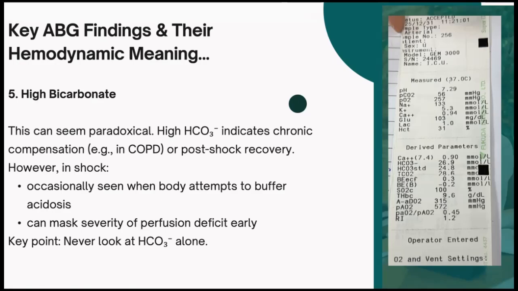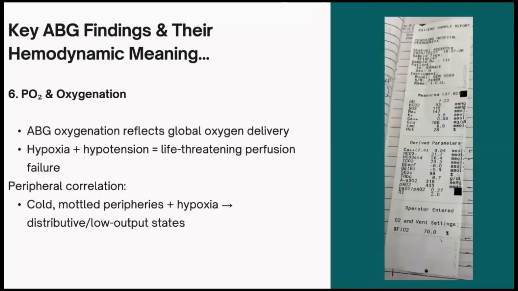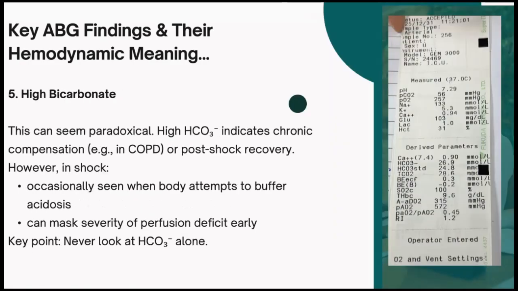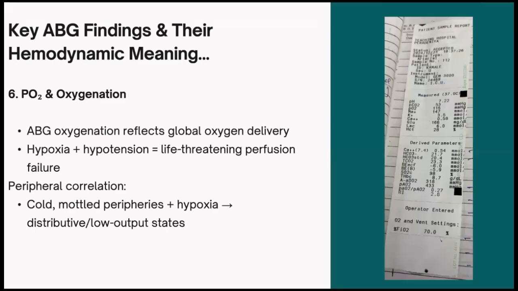That will help you to decide where your patient is. The idea is never go by the bicarbonate only, because if you do, you might miss the volume status. You cannot do only one investigation and rely on that.